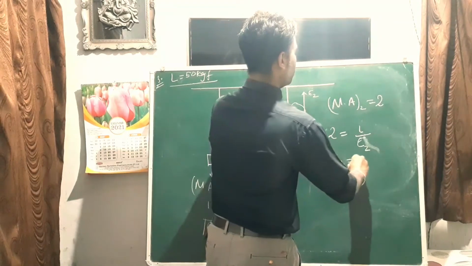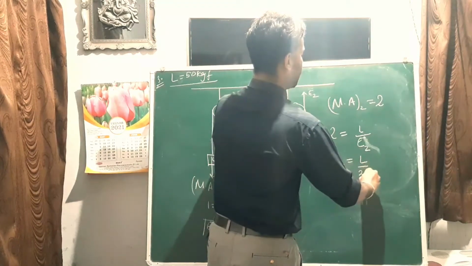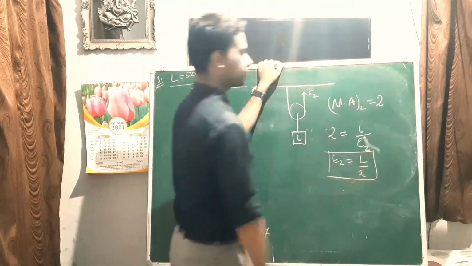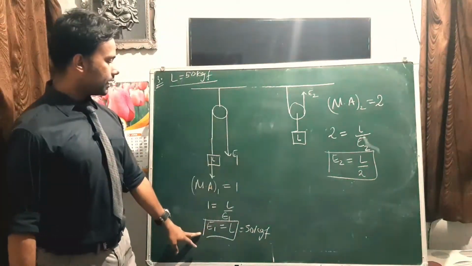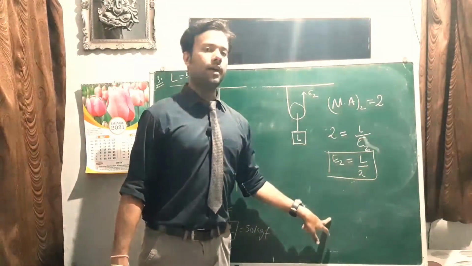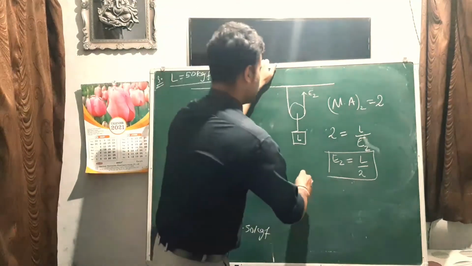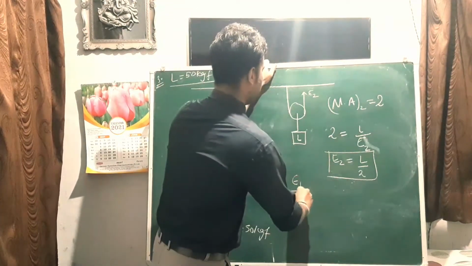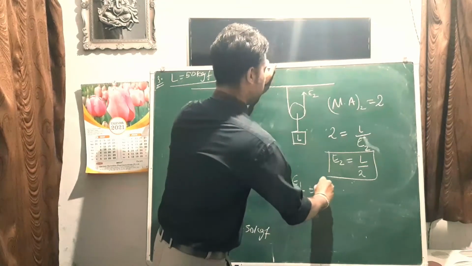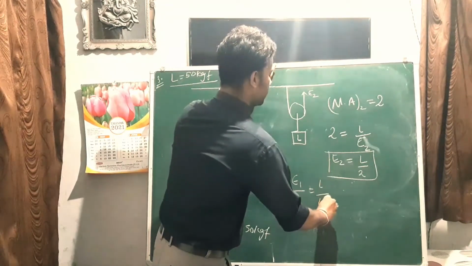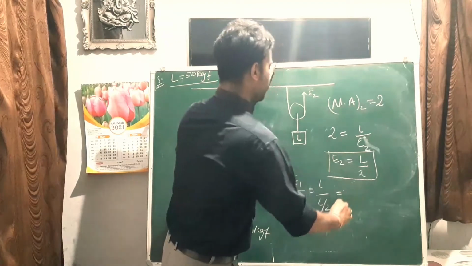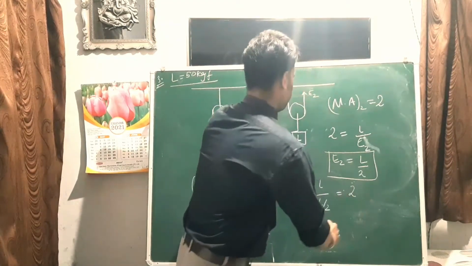So E2 will be L by 2. So E1 is L and E2 is L by 2. We have to find the ratio. So E1 upon E2: E1 is L and E2 is L by 2. So that will be 2, right?